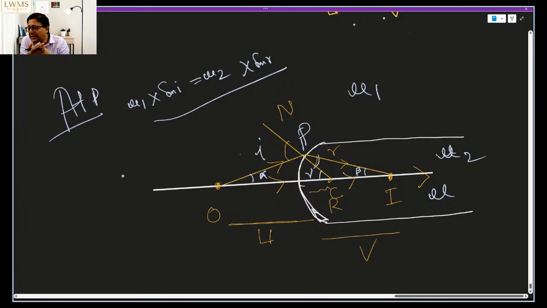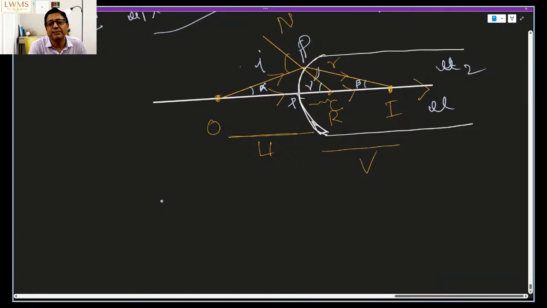Incident and refracted rays make small angles; the rays are paraxial. Distance is measured from this point P, the pole. Along the direction of light, everything is positive; opposite to it, negative.